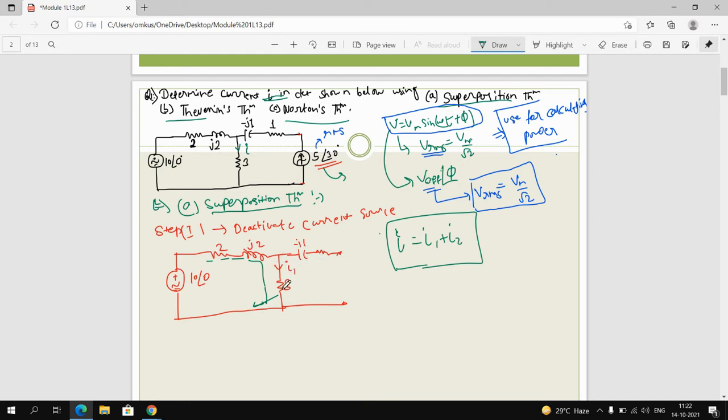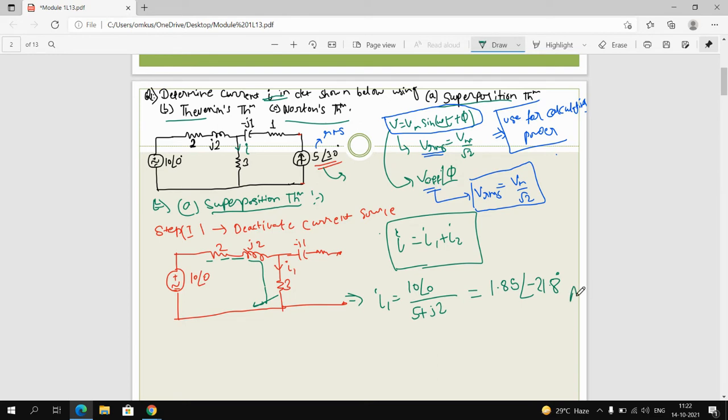How to calculate I1? I1 is equal to voltage divided by this impedance. So 10 at an angle of 0 divided by, see, this is a resistance, so 2 plus 3 is 5, 5 plus j2, right? Now calculate using your calculator. When you calculate this, you will get 1.85 at an angle of minus 21.8 degrees.